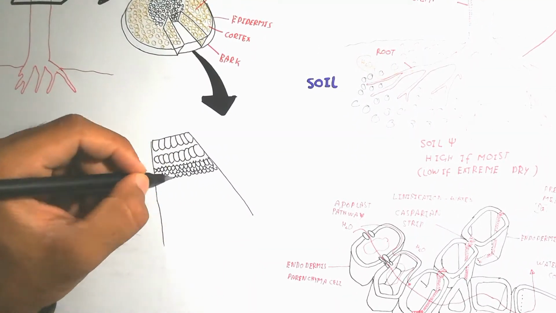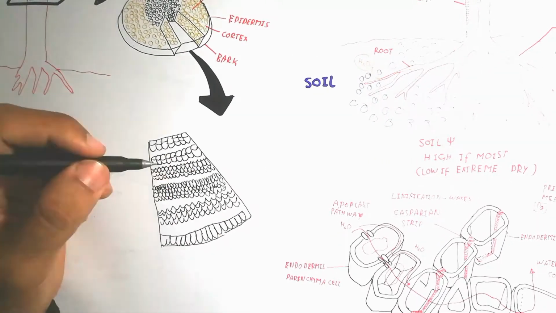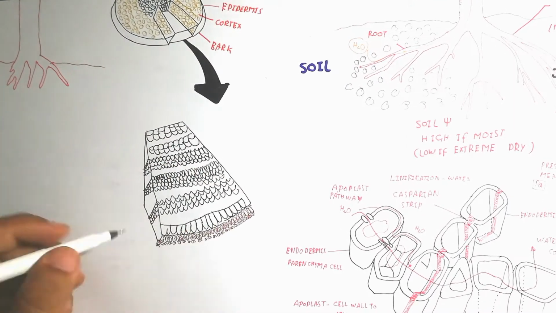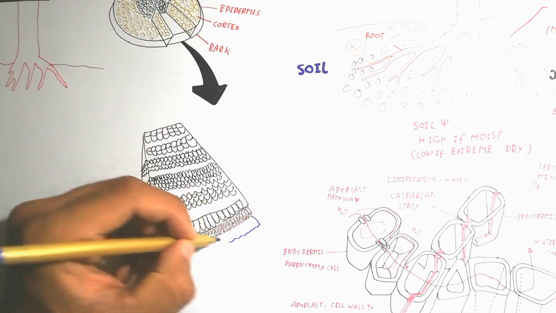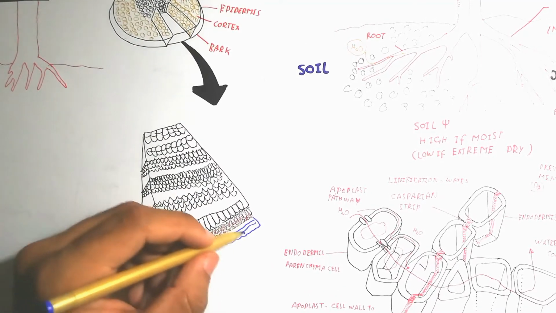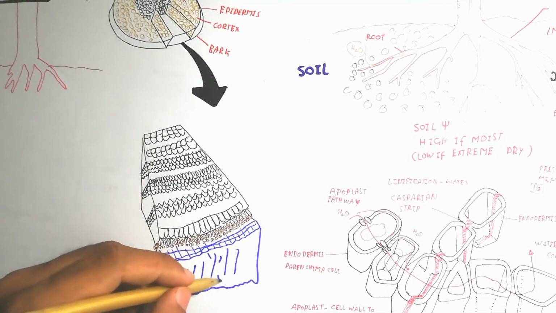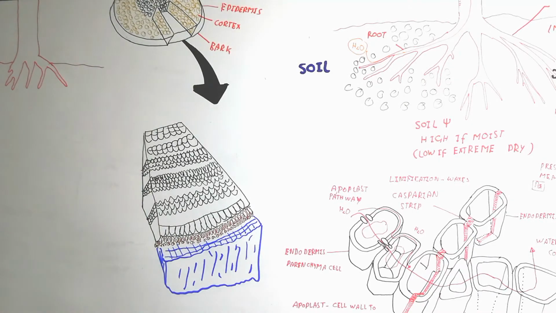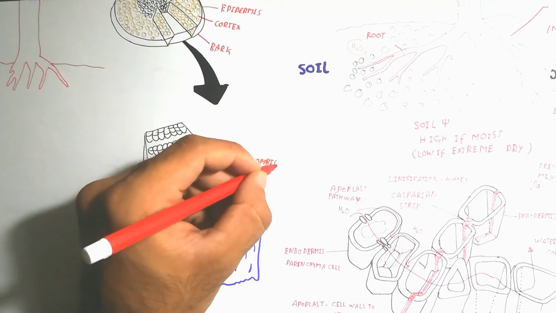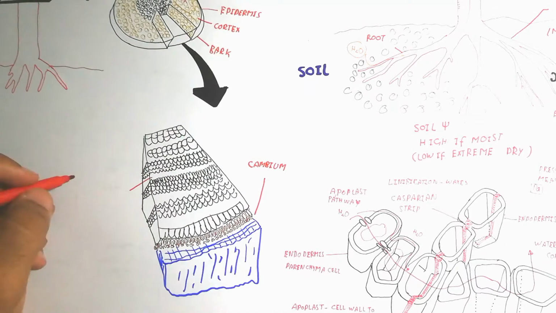The gap produced between the different layers of xylem is known as the annual ring, which is the cambium ring, and here is the bark or cork, known as periderm. Inside, the brown color shows the phloem, and between the phloem and xylem is the vascular cambium.